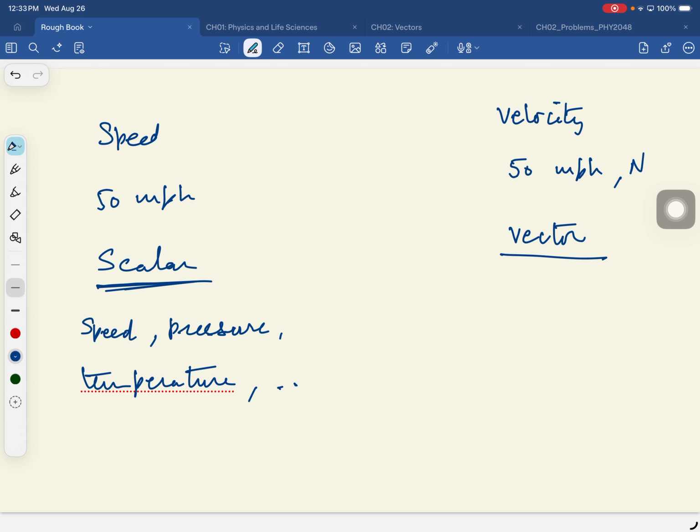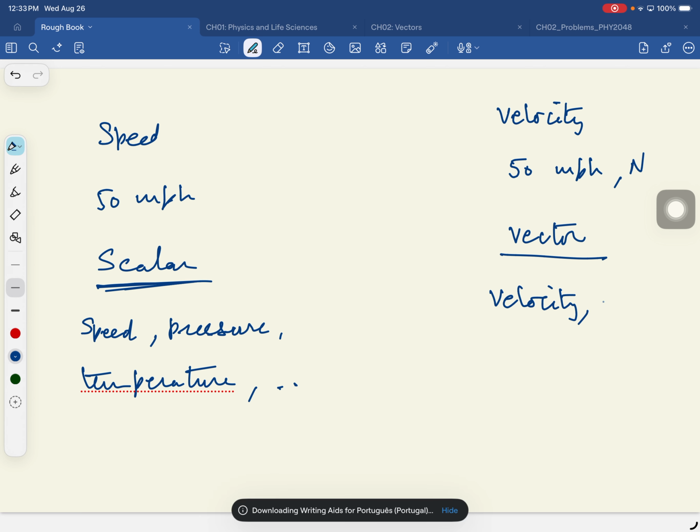All these quantities, all you need is one number to specify them. Then we'll study quantities that are vectors: velocity, acceleration, force, momentum, and so on.